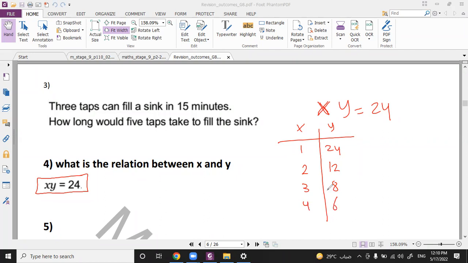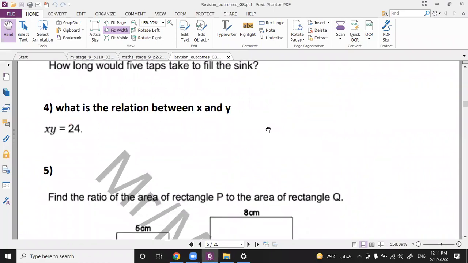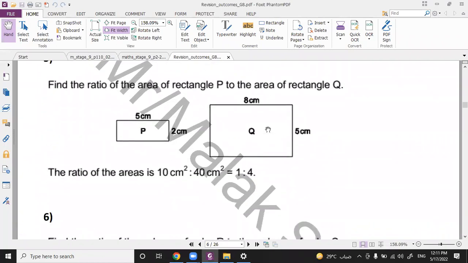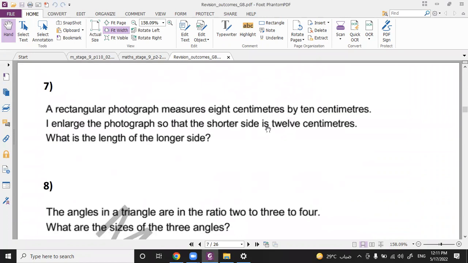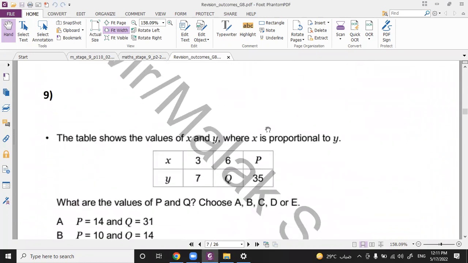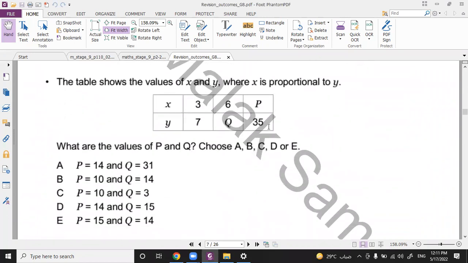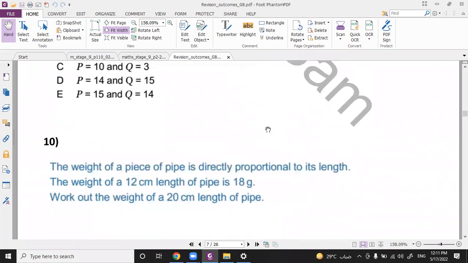It's inverse proportion. It's not direct, because when X increases, Y decreases. Did you get it? It's indirect proportion, not direct, inverse proportion.